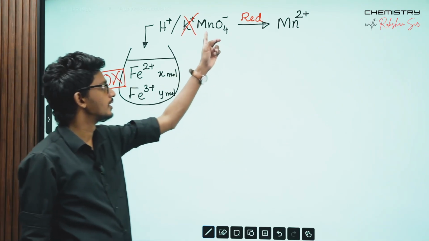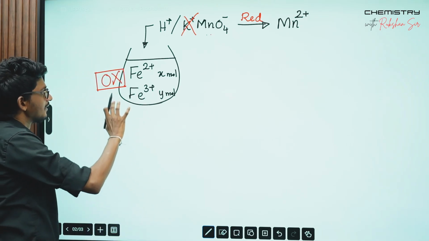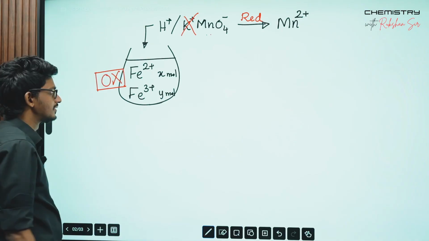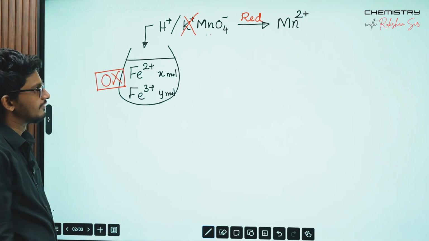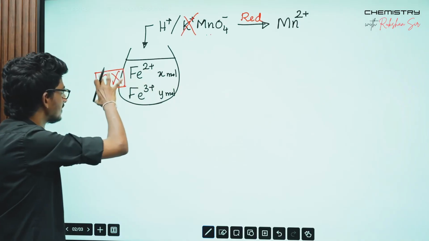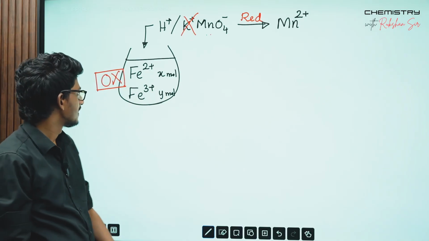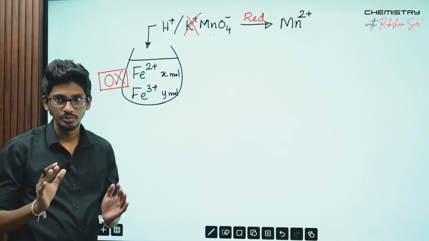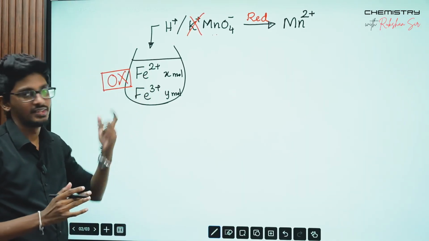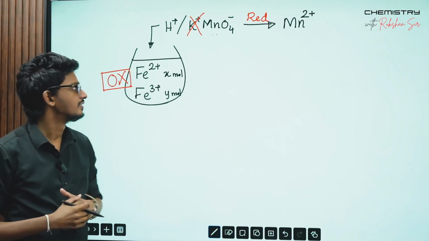For this species to get reduced, some electrons should be released by the species in the flask. That is logical, right? So now we are supposed to select which species are to get oxidized here.